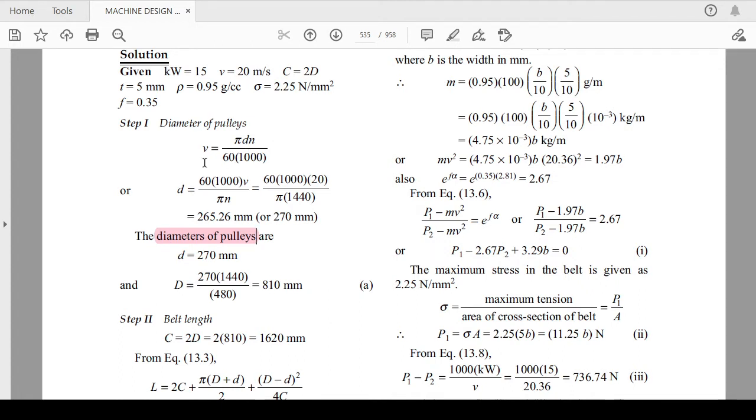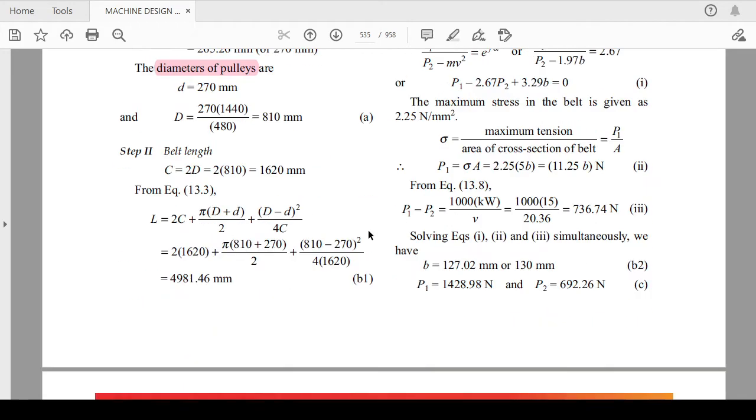In this formula you have to use n in revolutions per second, because velocity is in meter per second, so you divide by 60. If you take the diameter in mm, then you have to divide it by 1000. Keep these two values in consideration properly.